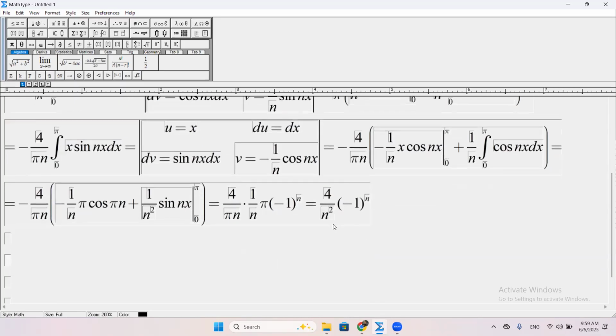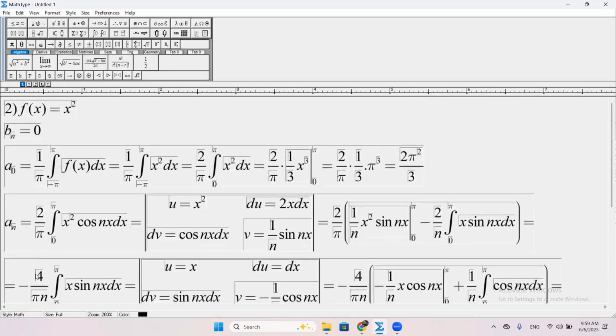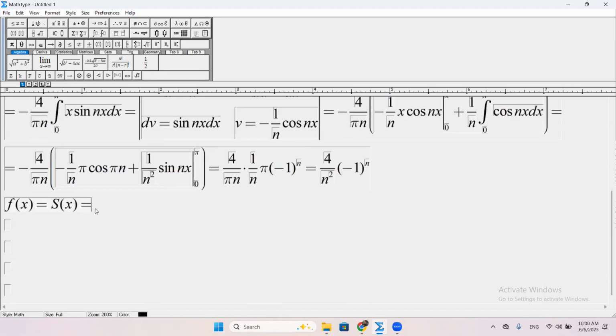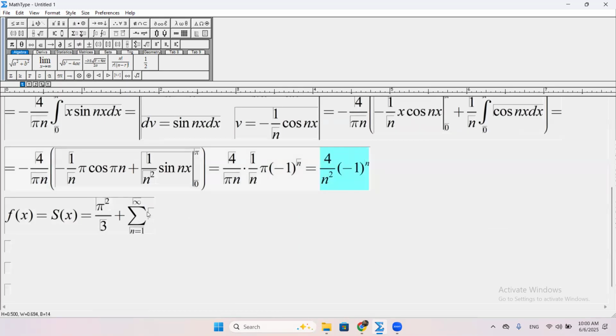So now let's write down the Fourier series that we have. f of x equals S of x, and it will be equal to p square over 3 plus the sum from 1 to infinity of such terms times cosine of nx. So we received the Fourier series.